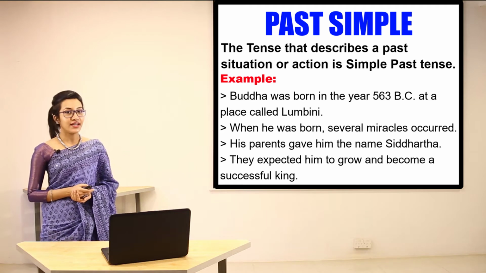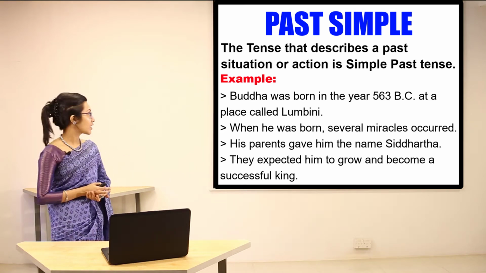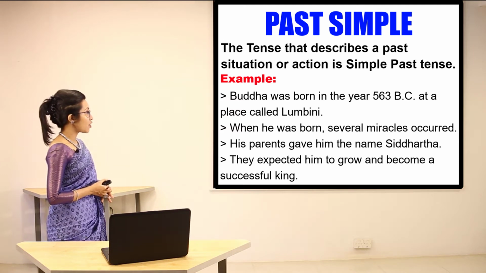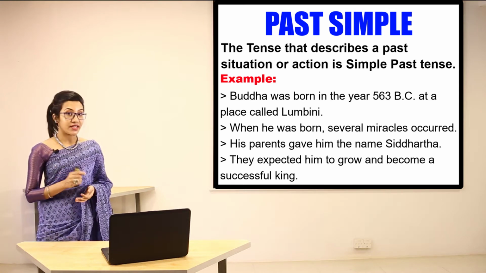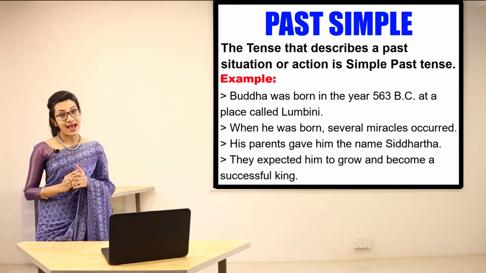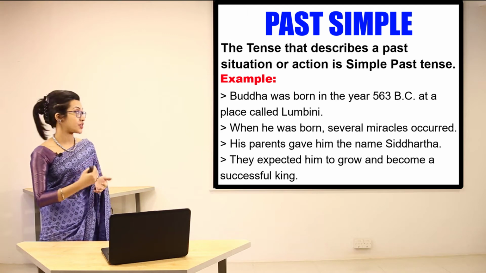At first, let's have a look at what past simple is all about. The tense that describes a past situation or action is simple past tense. So the tense that I'm going to talk about is past simple and will refer to something that happened in the past.